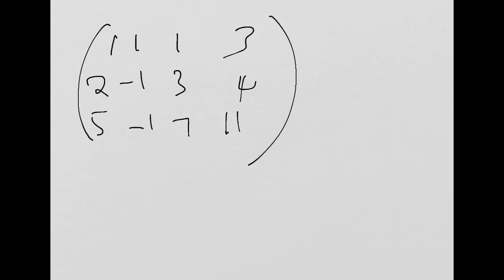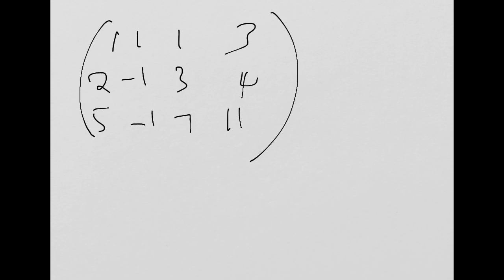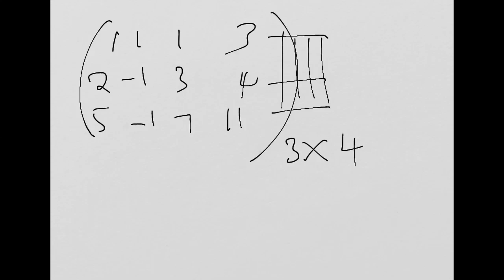Now I'm going to try something with this. If I try to take the biggest determinant out of it, the order of this matrix is 3 by 4 because I told you 3 rows and 4 columns. What is the maximum square that you can take out?